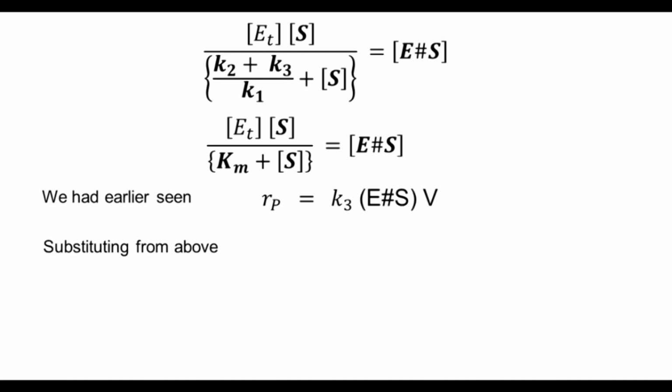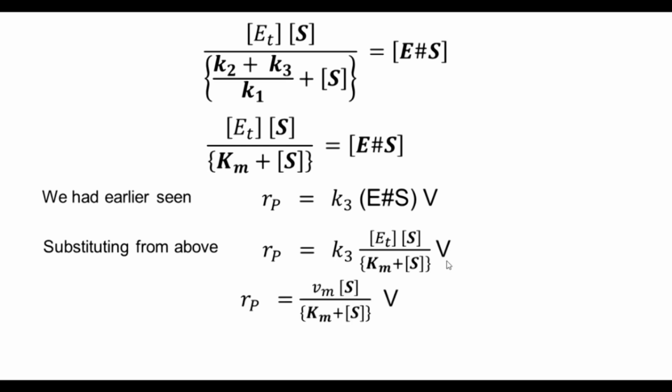So if you substitute the enzyme substrate complex concentration from above, we get the rate of product formation is K3 into ETS by Km plus S in the place of enzyme substrate complex concentration times V. And if I say K3 into ET, the total enzyme concentration, I call that Vm, Rp becomes Vm S by Km plus S into V. Note that Rp is on a mass basis.